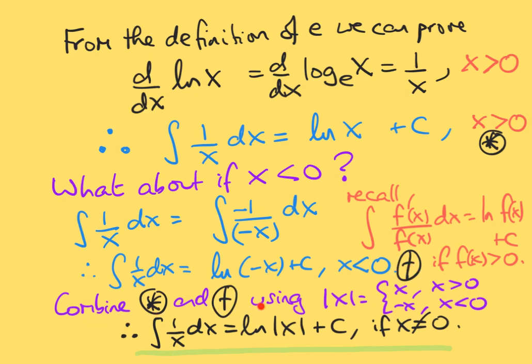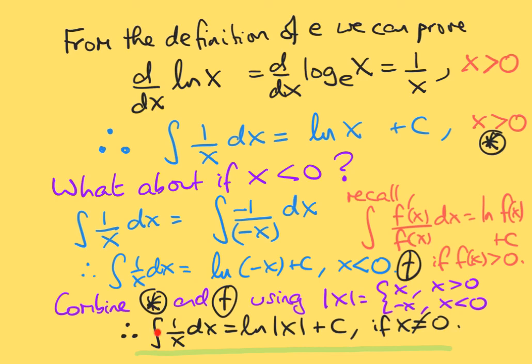So combining equation star and equation dagger together and using our piecewise definition of the modulus function as x when x is greater than naught and minus x when x is less than naught, then we get that 1 over x integrated with respect to x is going to be the logarithm of the modulus of x plus c. Because if x is positive, the modulus of x is x. That is that equation. If x is negative, the modulus of x is minus x. And that is this equation.